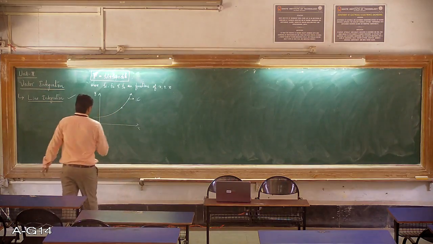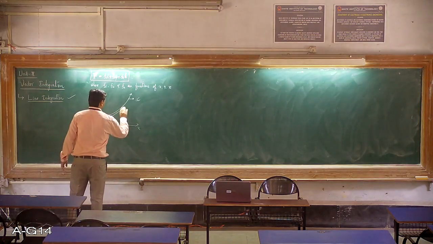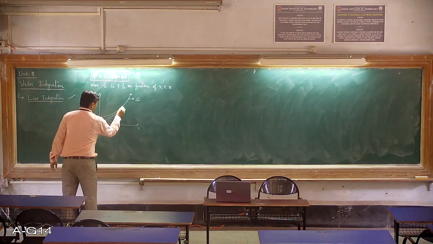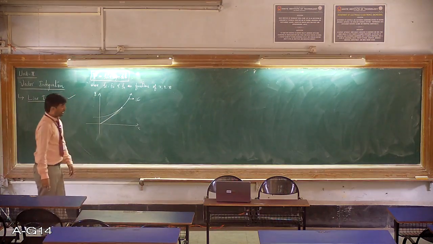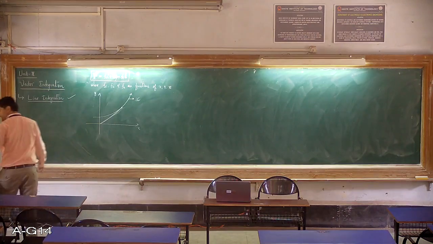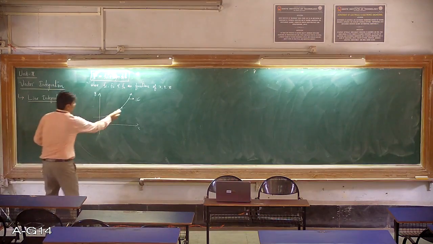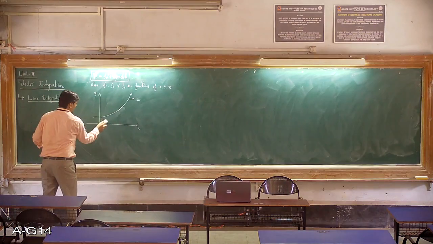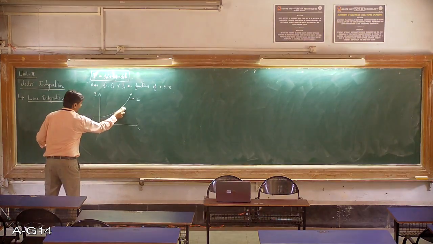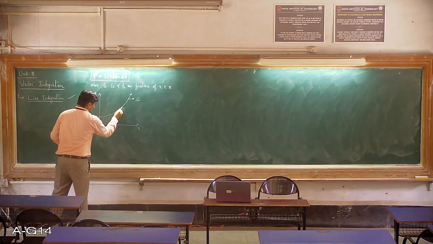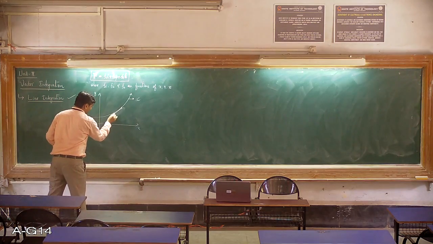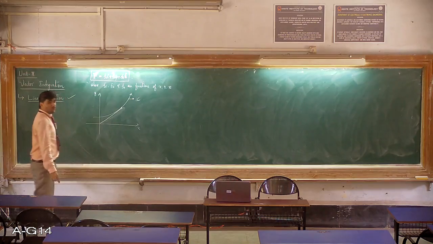If you take any point on the curve and take its position vector, that is a line from the origin to that particular point.